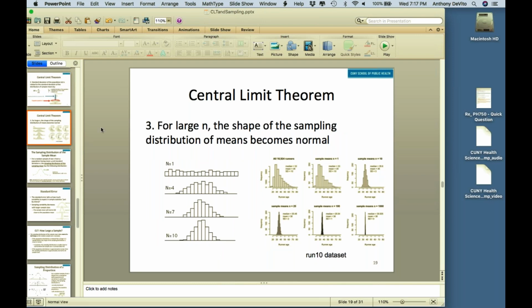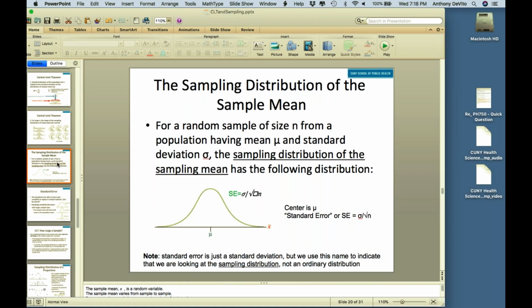Okay, and here's an example of that, where they've taken repeated samples from this population and shown how it narrows down. Here are larger and larger sample sizes, and the distribution narrows for larger and larger sample sizes.